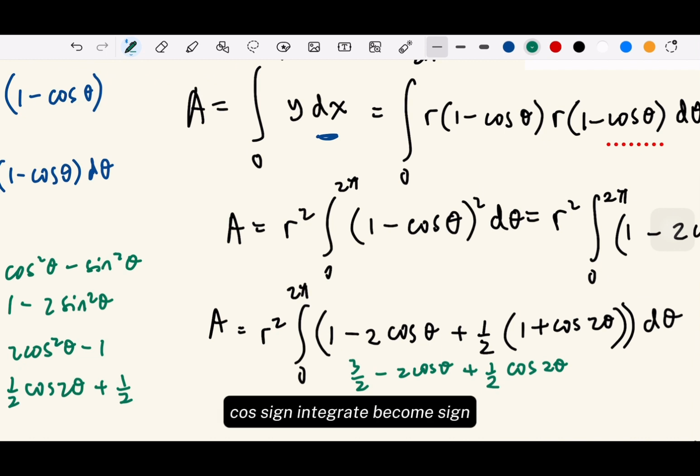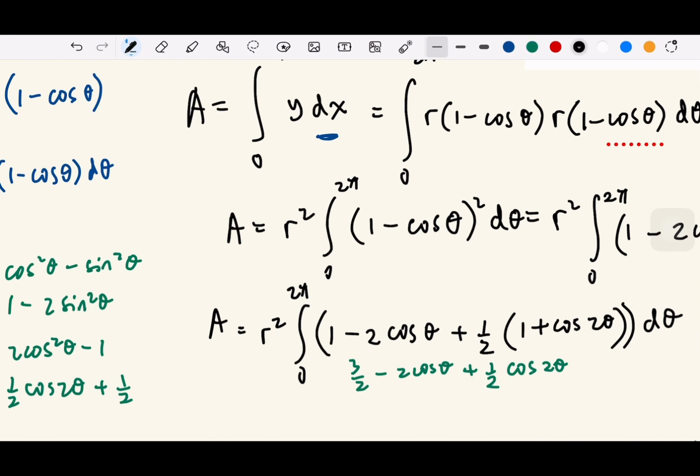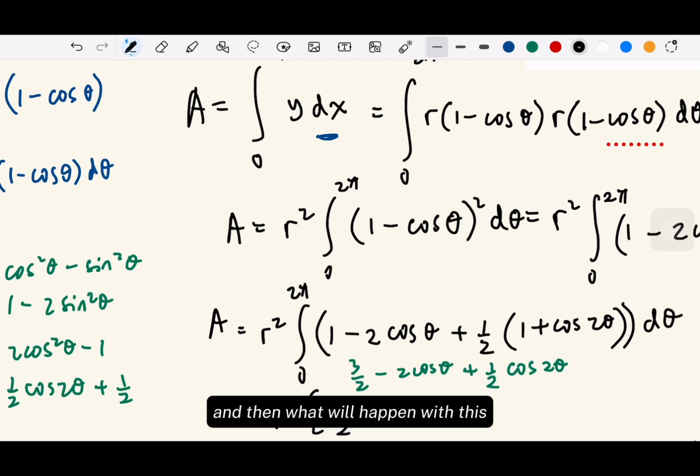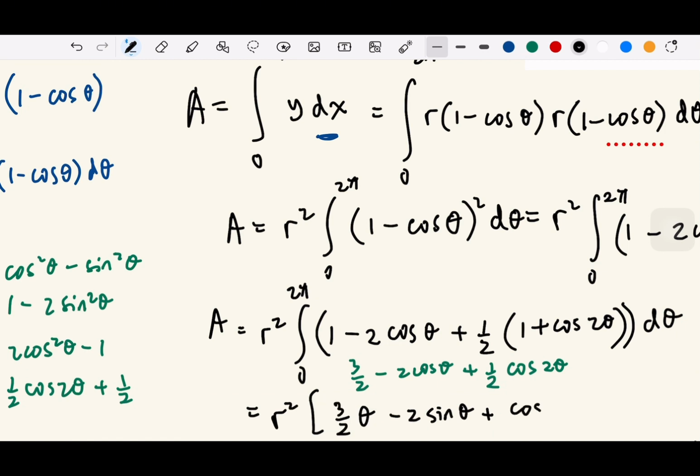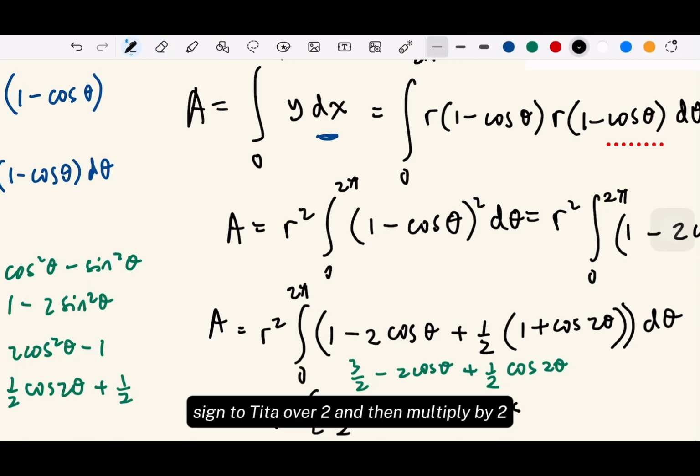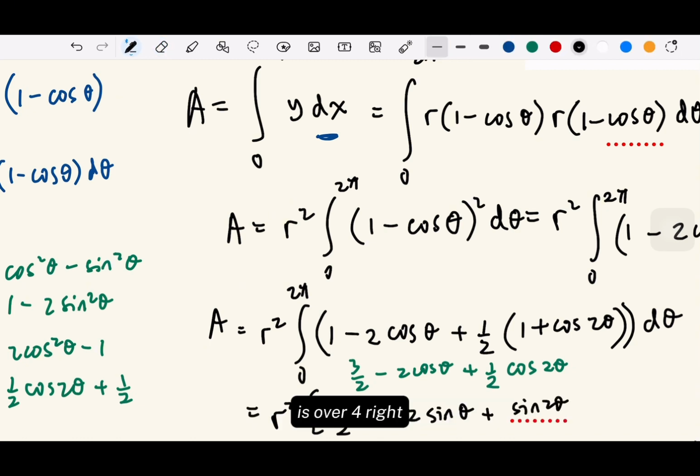Cosine integrates to sine. So this will be 3 over 2 theta minus 2 sine theta. And then what will happen with this? This will be sine 2 theta over 2, and then multiply by the half, so it's over 4, right?